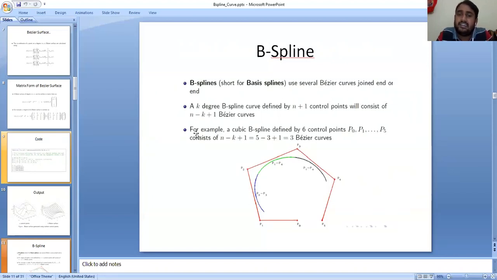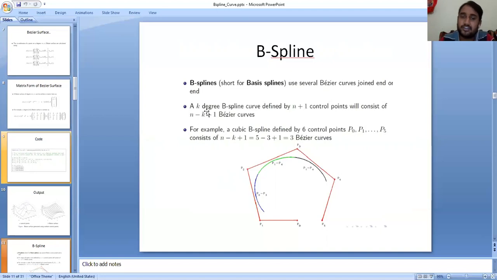So a degree k B-spline curve defined by n plus 1 control points will consist of n minus k plus 1 Bezier curves. For example, if there is a B-spline curve of degree k and we have n plus 1 control points, then this B-spline curve will be made of n minus k plus 1 Bezier curves.